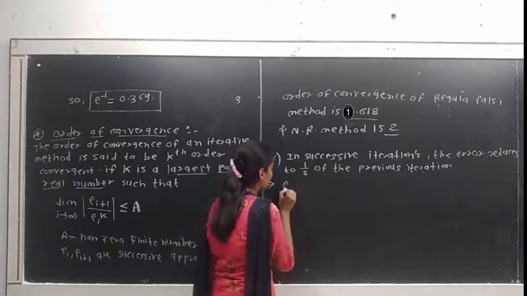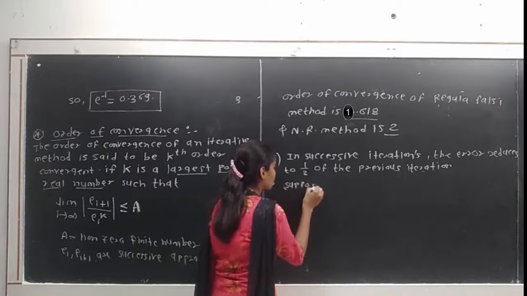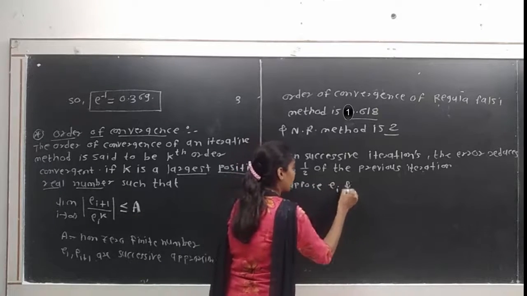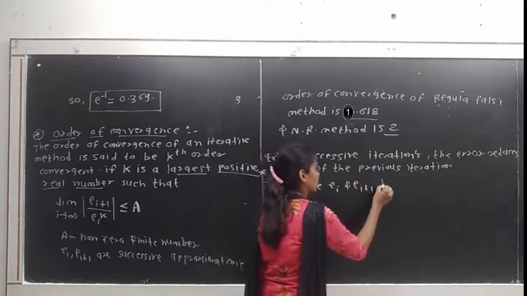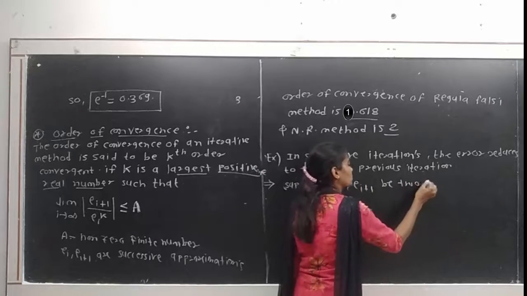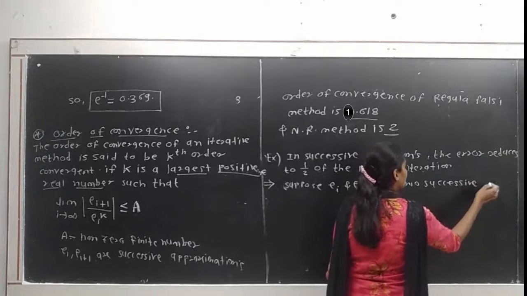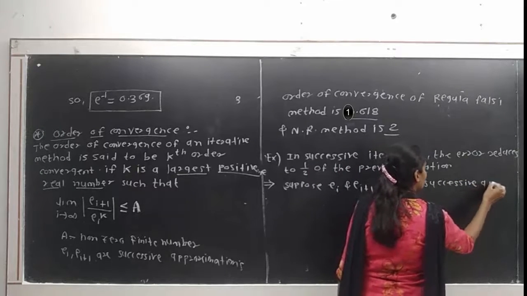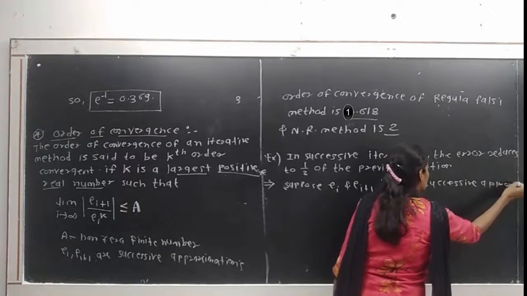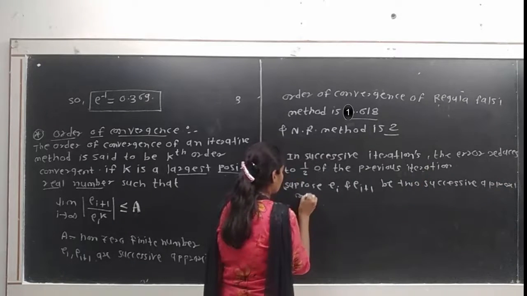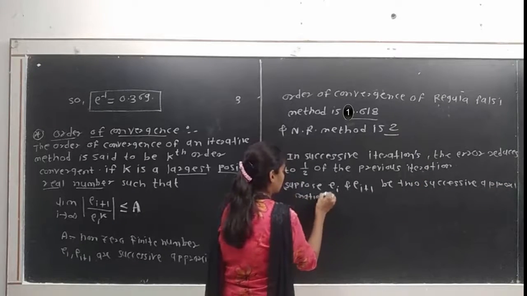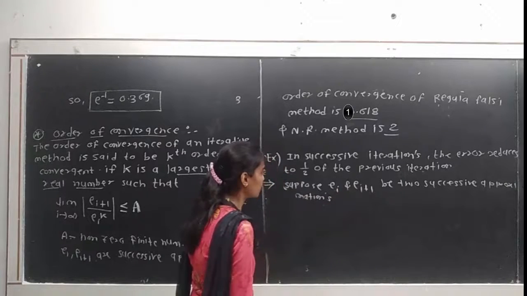Suppose we consider e(i) and e(i+1) to be two successive approximations, that is, successive errors.